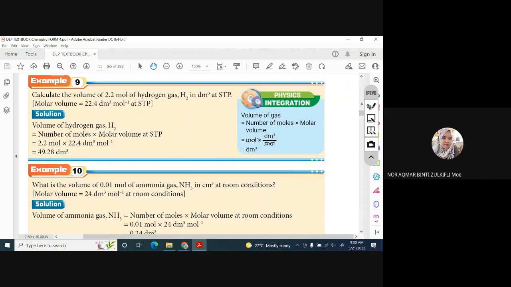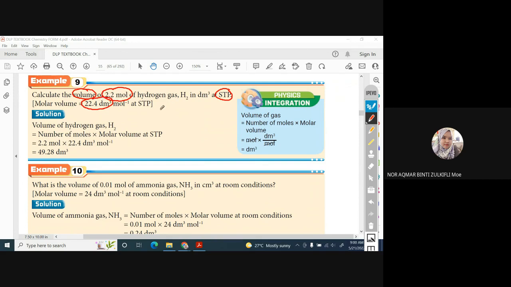Okay, ini tengok information dia bagi. Calculate the volume. Volume. And then dia bagi mole 2.2 at STP. At STP. So dia bagi ini dah siap-siap. Molar volume is 22.4.